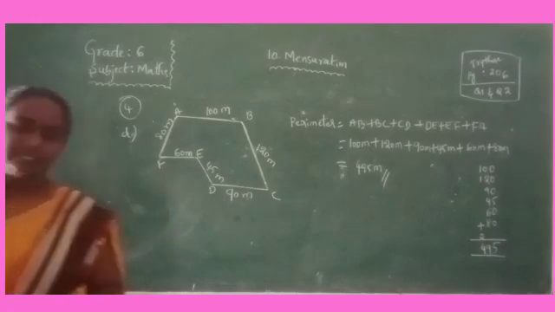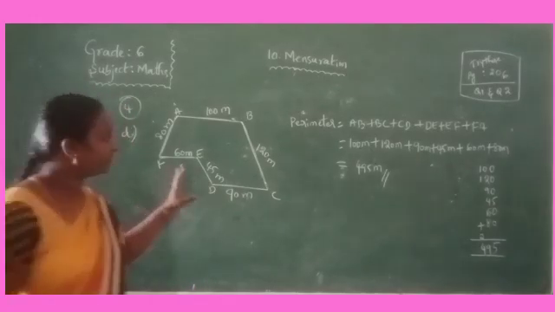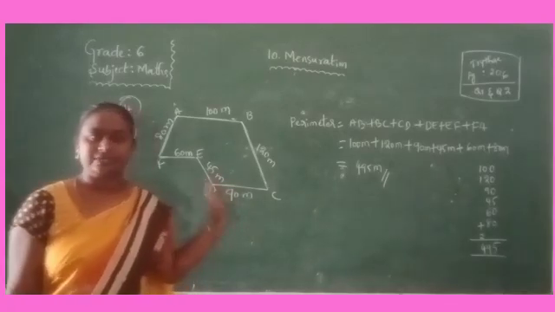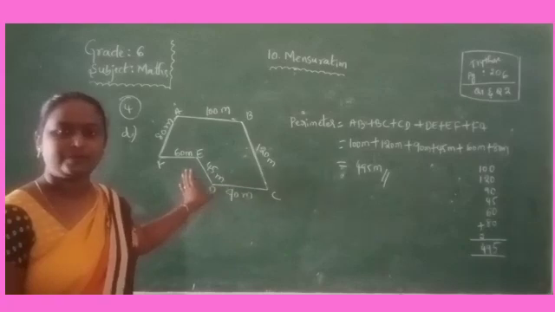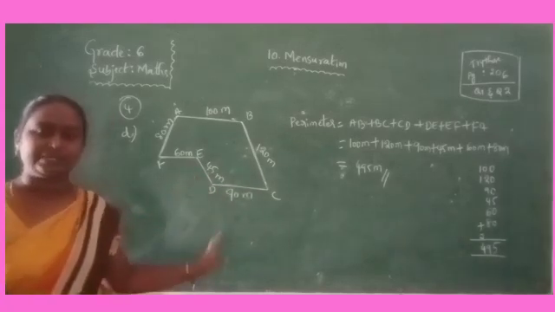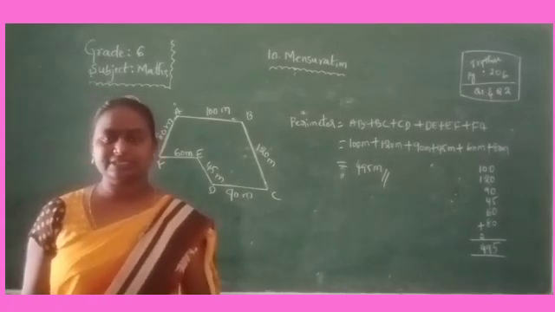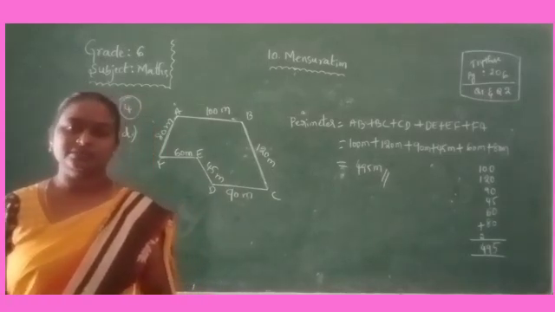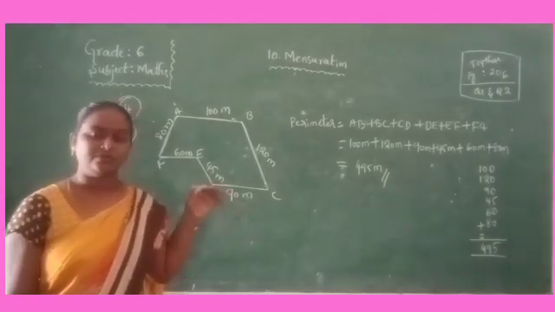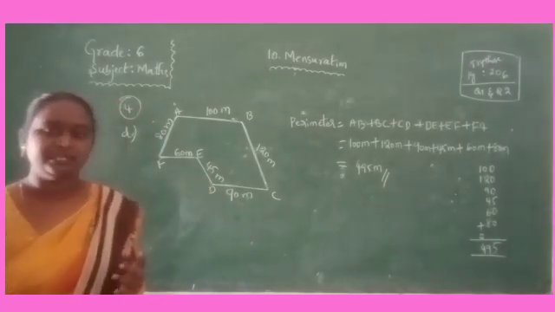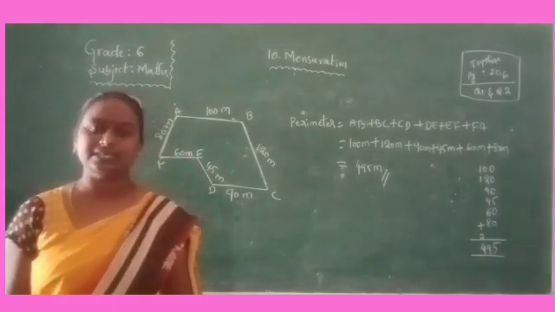Okay children. Today we have solved only perimeter problems: how to find the perimeter, what is the definition of perimeter, what is mensuration, what are the uses of perimeter, and how the idea of perimeter applies in our daily life. These are all things we have learnt today.